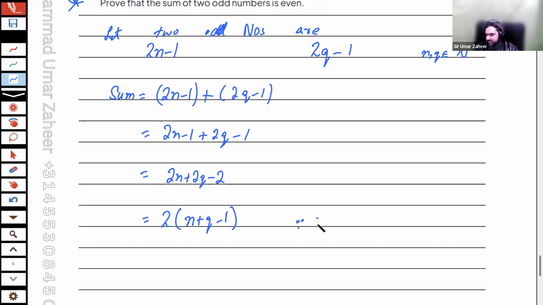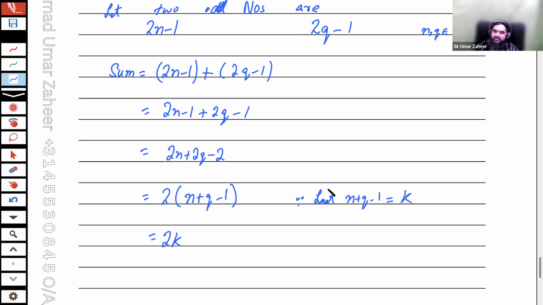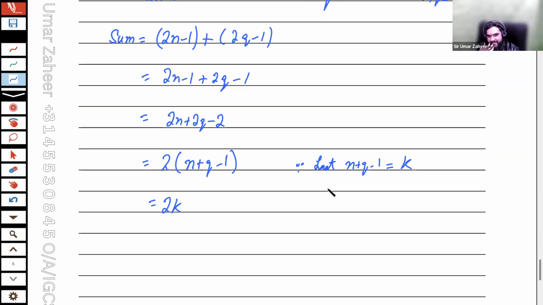So let n plus q minus 1 be equal to k. So you will get 2k. So look at here, you will get a multiple of 2, right? Yes.